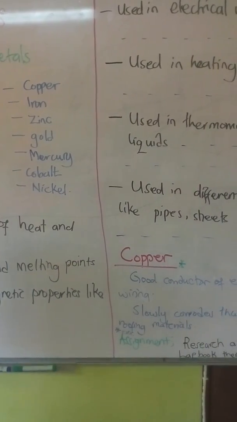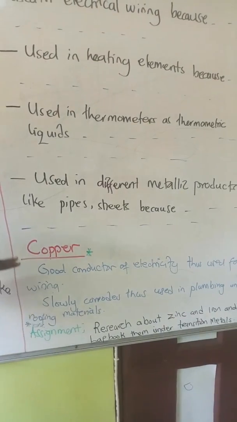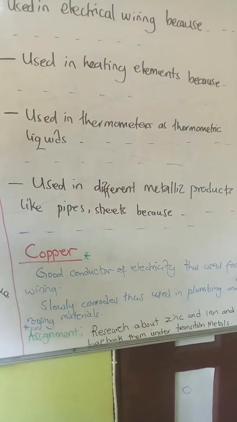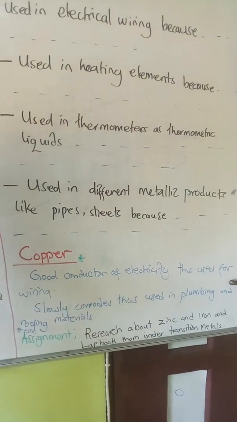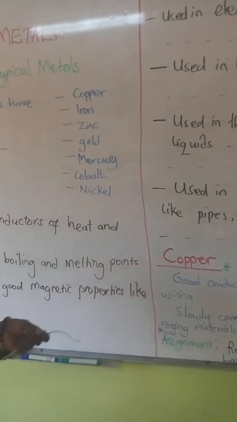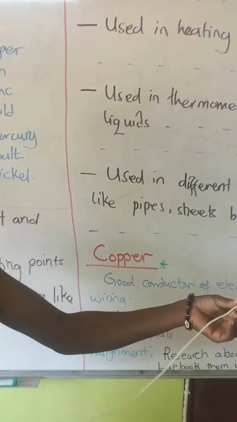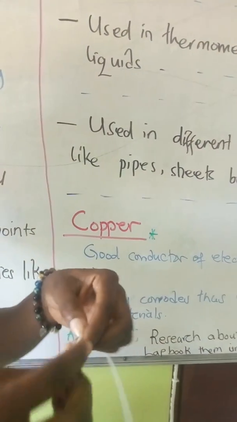If we were to look at copper, we are going to see that under its properties, it is a good conductor of electricity, and thus it is used for wiring. If you look at most of the things we use in our lab to connect electricity, you're going to see these connecting wires. Inside them we have what we call copper wires.